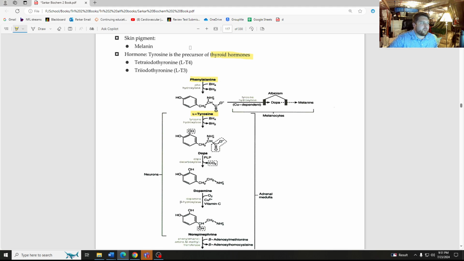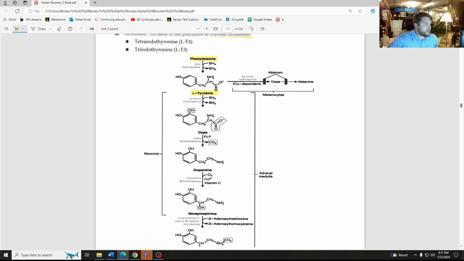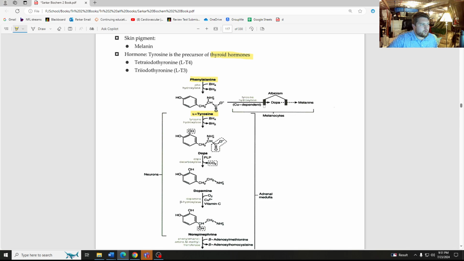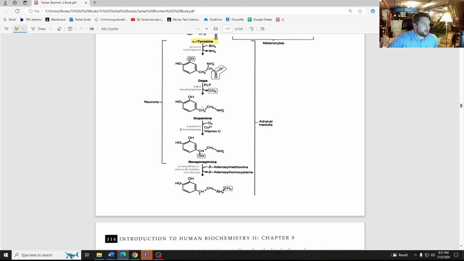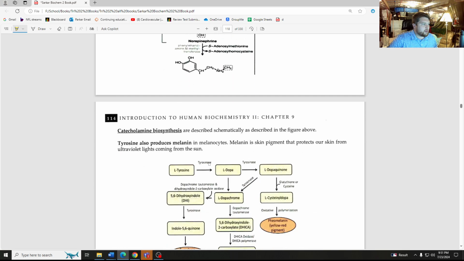So we go from phenylalanine to tyrosine, okay? And then the tyrosine can go right off, and technically goes to dopa, then dopamine, and then it turns into melanin. But anyway, so tyrosine goes to dopa goes to dopamine goes to norepinephrine, and norepinephrine can go then to epinephrine.